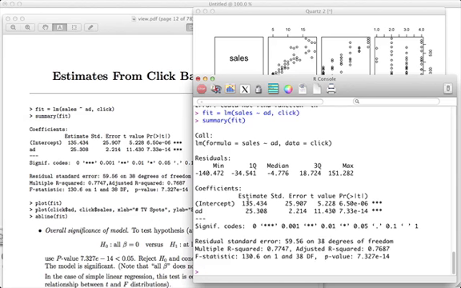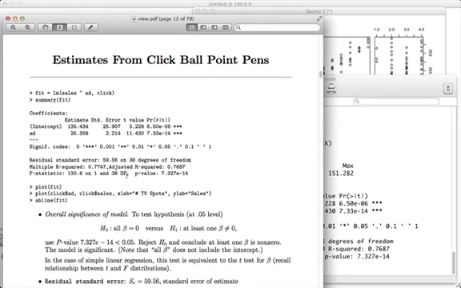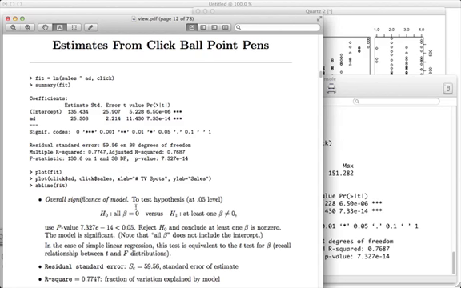There's a couple things that are very important. Let's start with the overall test of significance. This overall test of significance is not very interesting in the case of simple linear regression, but it will be interesting when we get to multiple regression. So here's the statement of the null hypothesis.